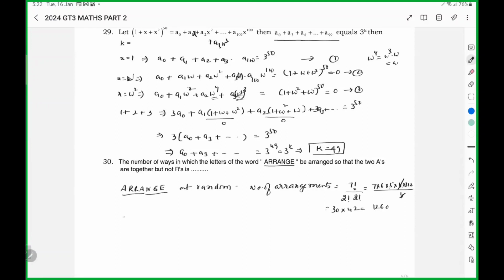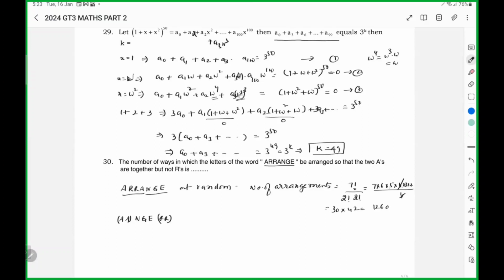Now, here there are two conditions. Arrange two A's together, and then two R's also together.